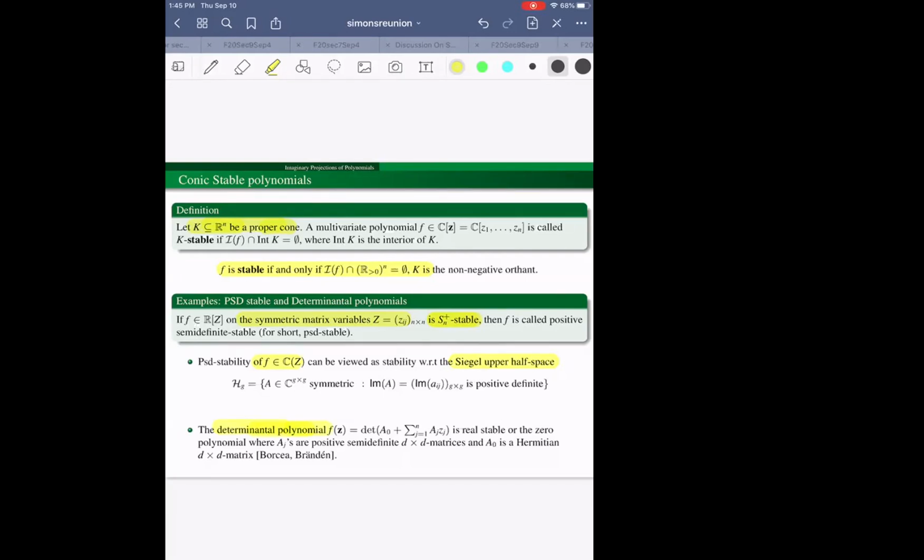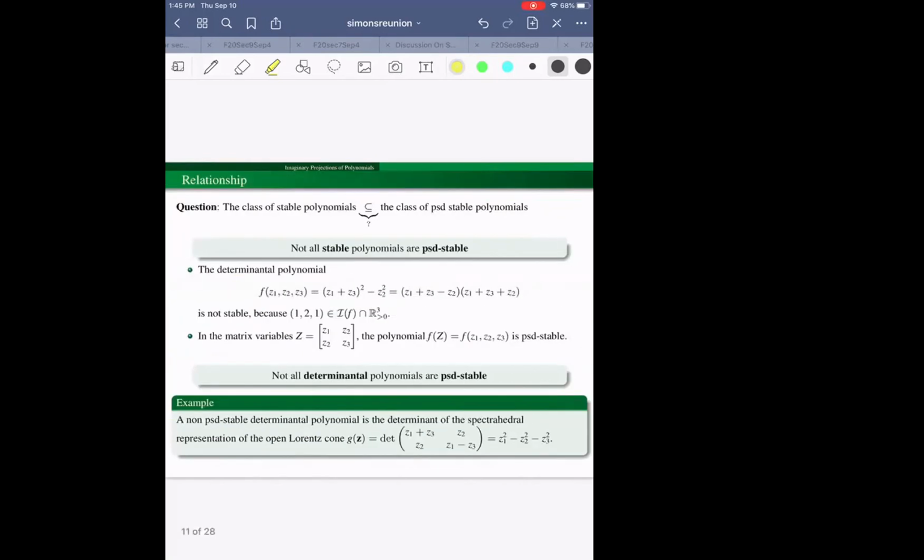This is already known due to Borcea and Brändén that a determinantal polynomial is real stable or the zero polynomial if the coefficient matrices A_j are positive semi-definite and A_0 is Hermitian. And in our setup, we'll see there is a larger class of determinantal polynomials which will be conic stable polynomials, even though they need not be stable polynomials.